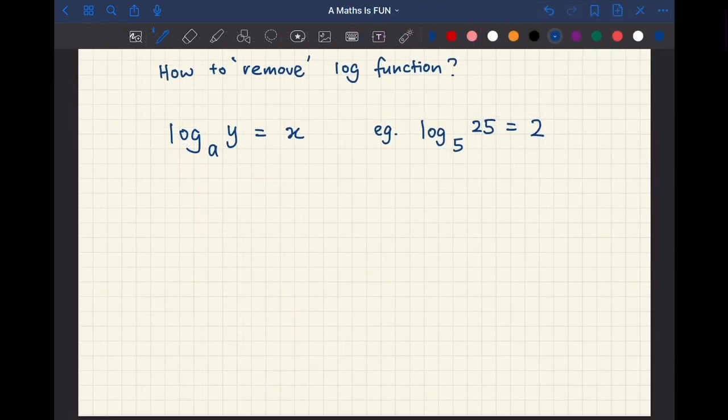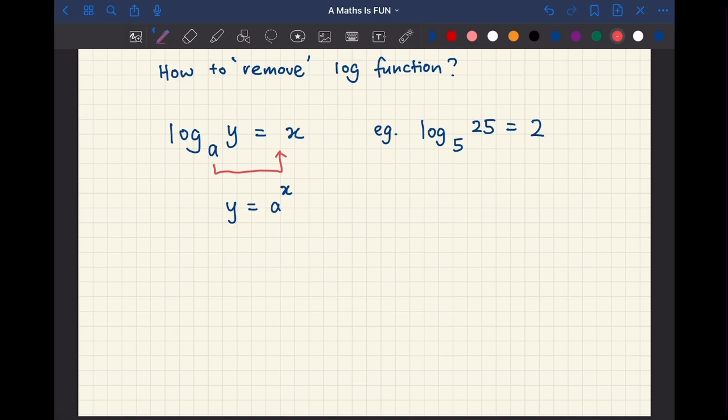So how then do we remove the log function? On the left, we have log y base a equals x. The base of the log, a, is going to go over as the base of the index form, and the x is going to move up. So keep the y here, the base a of the log function becomes the base a, and x moves up as the power or the index.